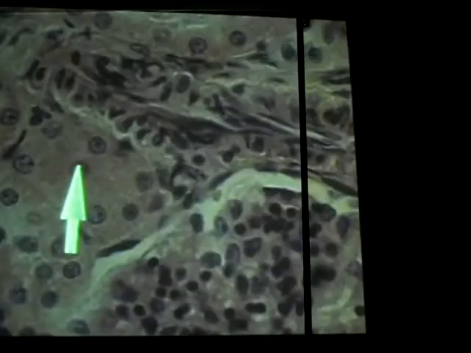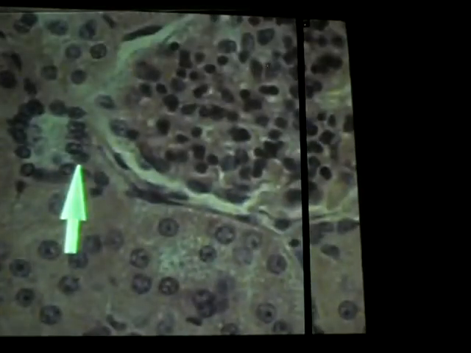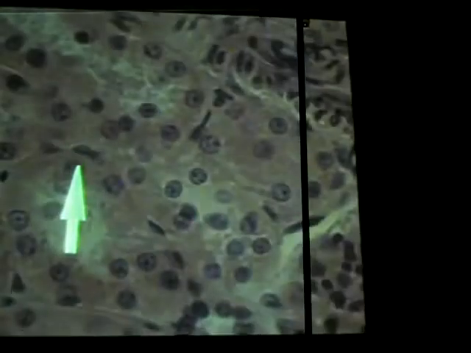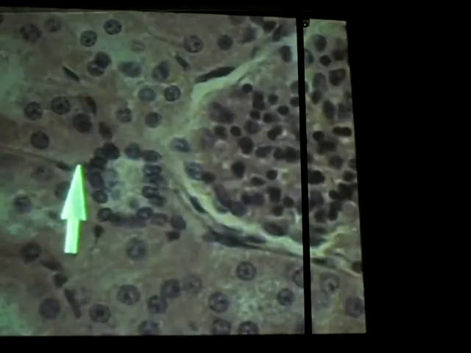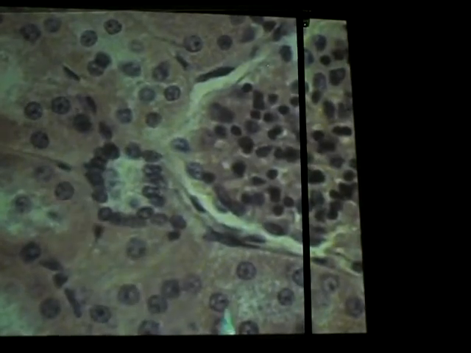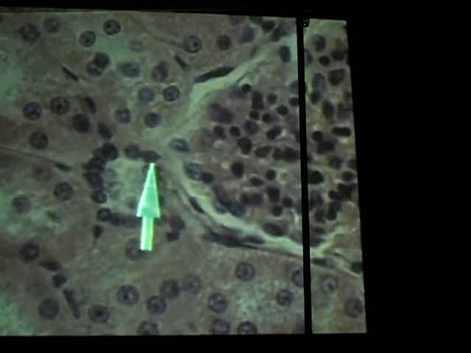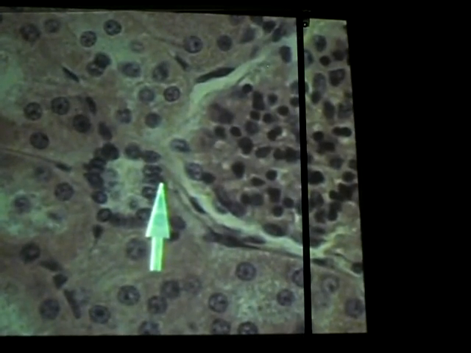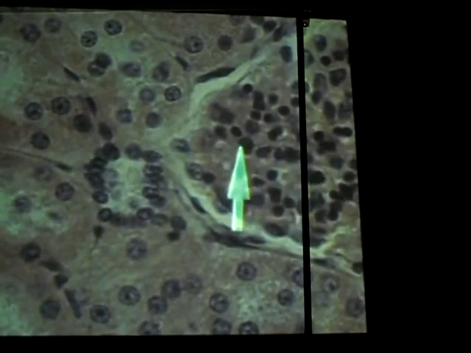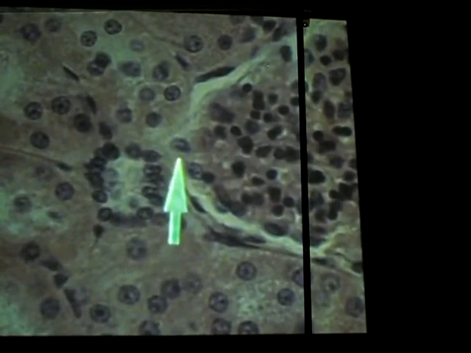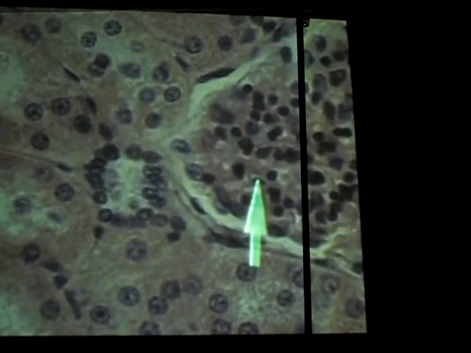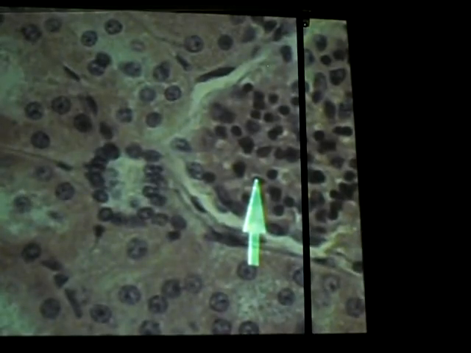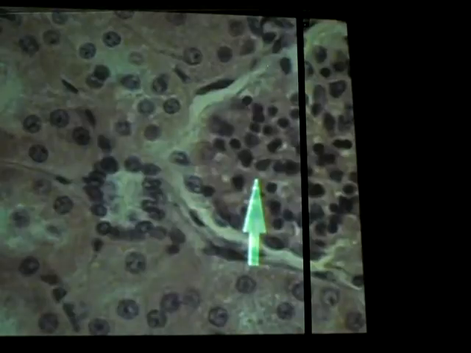What those cells do is sense any changes in the sodium chloride concentration going through the tubules, and then the glomerulus secretes substances to these other cells. So you have changes in your filtration rate within the glomerulus.